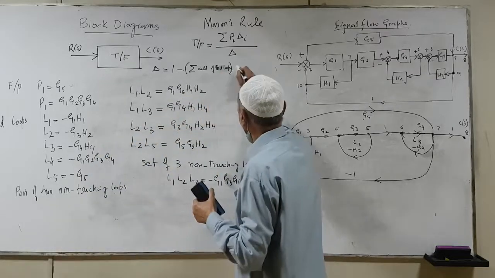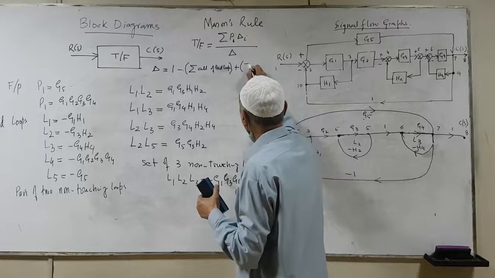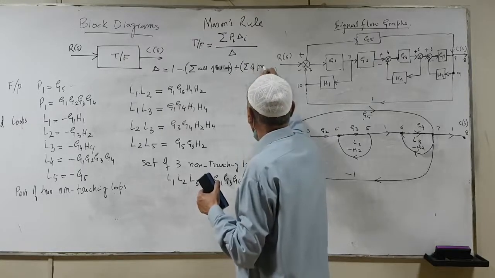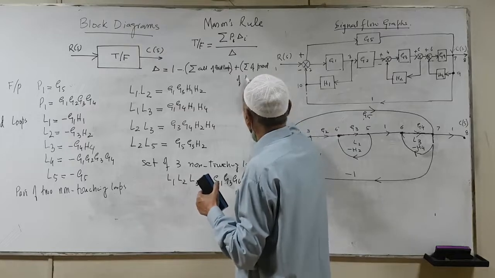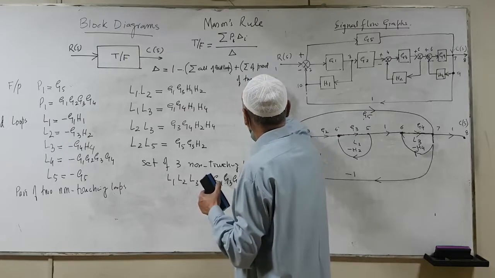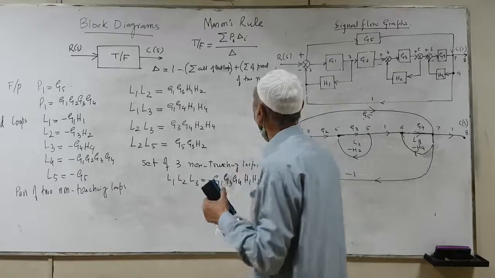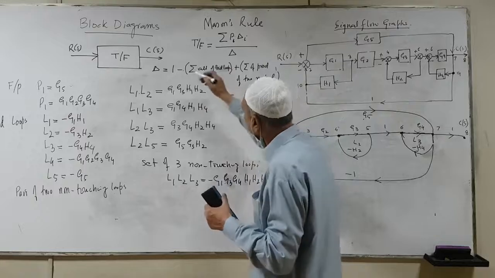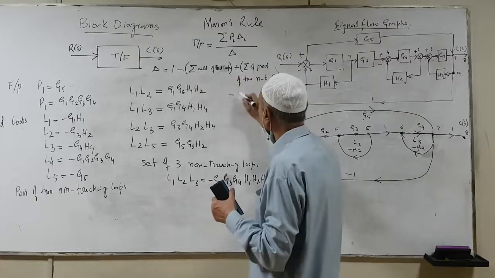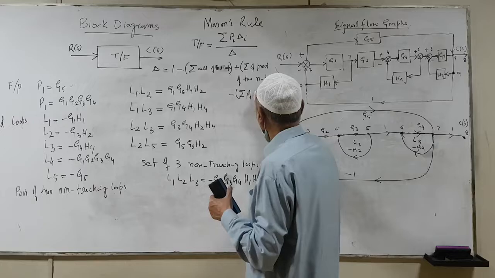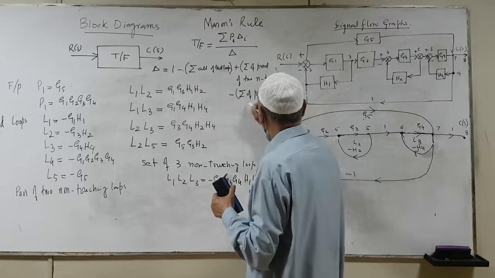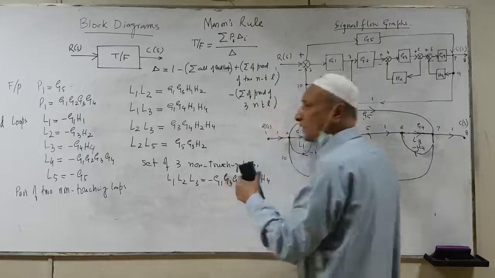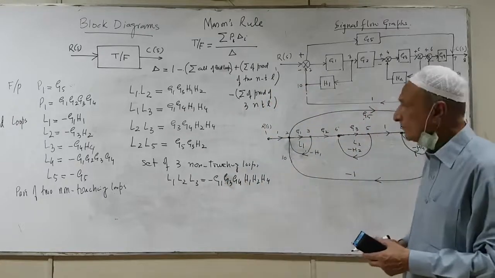Then we have plus the sum of the product of two non-touching loops. And then we have minus, we end up alternating minus, plus, minus, the sum of the product of 3 non-touching loops, and then so on, but anyhow we stop over here.